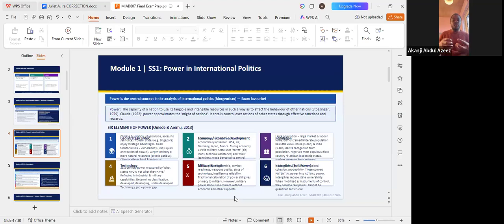The fourth one is propaganda and image power. That is how a country is able to use the media. People will think that Nigeria is the only country where there is crime every day. There is crime in the UK and the USA every day. I'm in the UK, and I see people running for their life also.